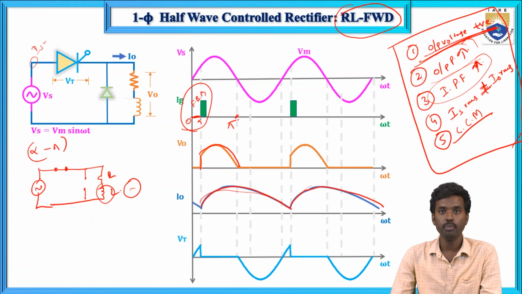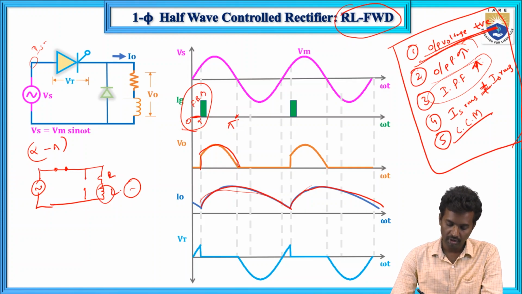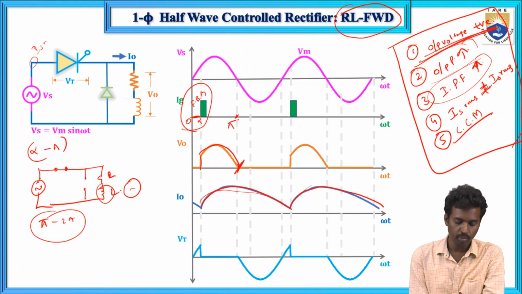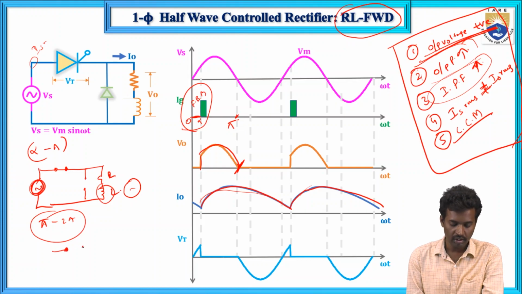So what will happen after pi, from pi to 2 pi? This is the negative supply we are applying, meaning we are applying negative potential to this SCR.